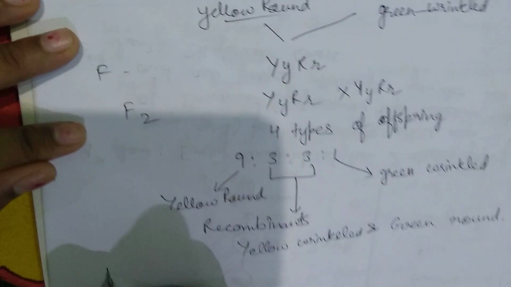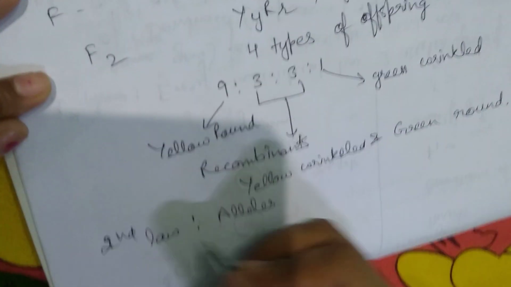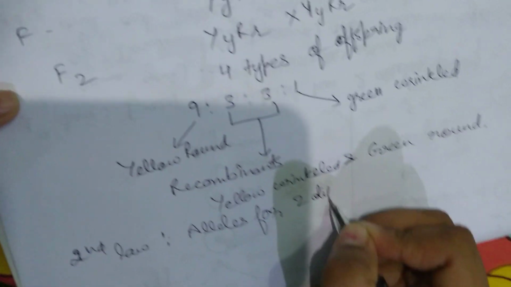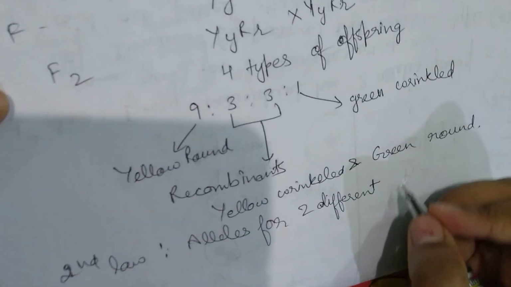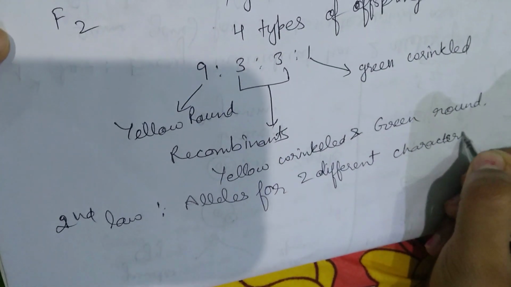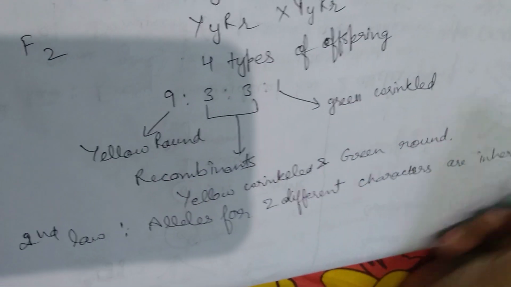So this law states that alleles for 2 different characters are inherited independently of each other.